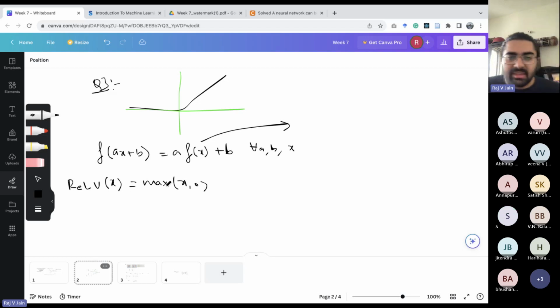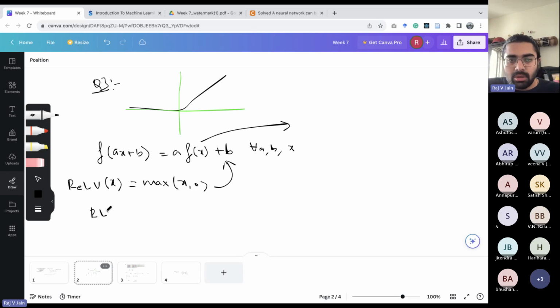And so ReLU is defined like this, right? Max of x comma 0. So basically, in the positive region of x, it'll be equal to x, but in the negative region of x, it'll be 0, right? So when you define it like this, you can try to construct an example where this equation fails for the ReLU function.